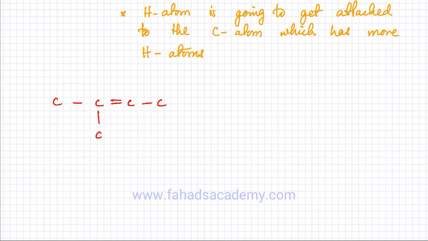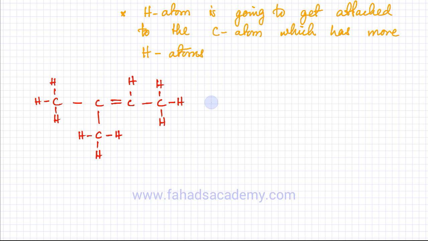And I need to complete the hydrogen atoms. So this is going to have 3 hydrogen atoms. This carbon atom is already complete. This needs 3 more bonds, so you have 3 hydrogen atoms. This needs one bond, whereas this needs 3 more bonds.